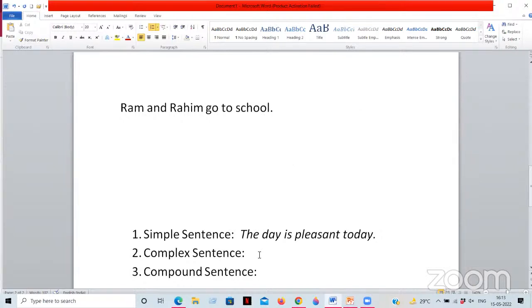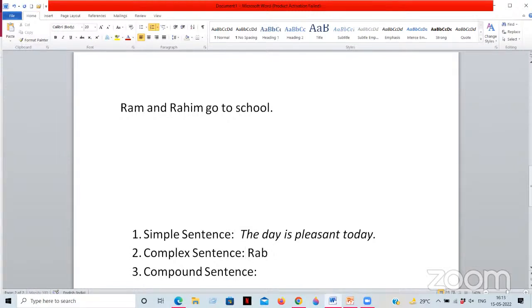Now in complex sentence, what happened? Sentences are being combined together using certain clauses. As you mentioned that a clause is a part of a sentence that could have a complete meaning. Now let me write an example here.